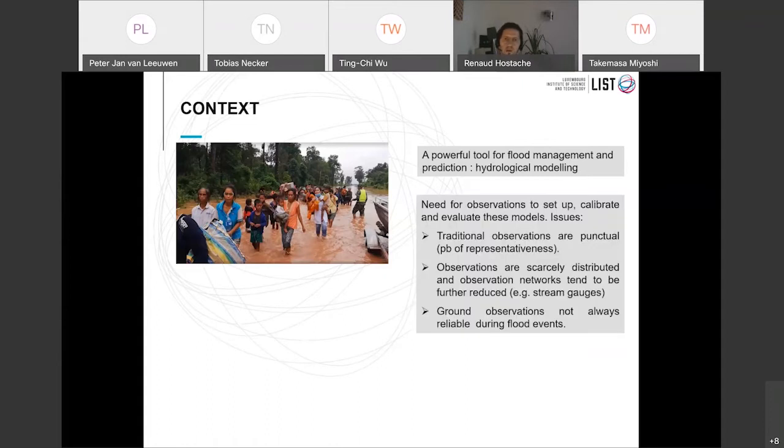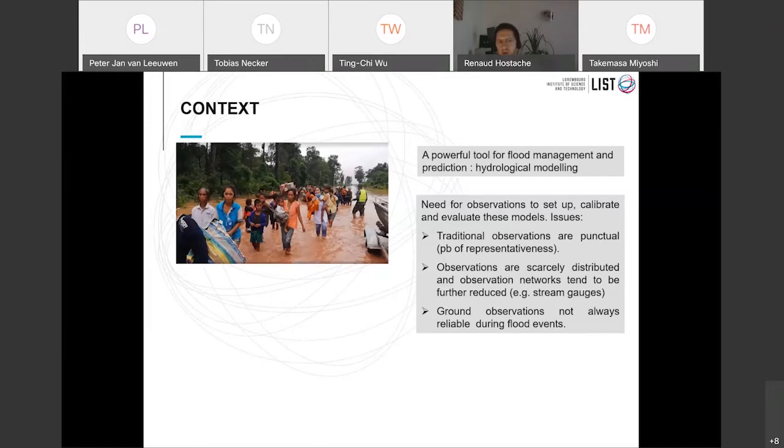One challenge that has to be tackled when using such models at large scale and in many places around the world is the need for observation, especially to set up, calibrate, and evaluate these kinds of models. The main issue is that traditional observations are punctual, for example field observations. So there is a problem of representativeness when you want to use them for evaluating or calibrating distributed models.